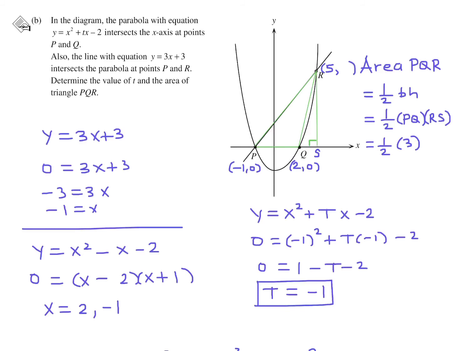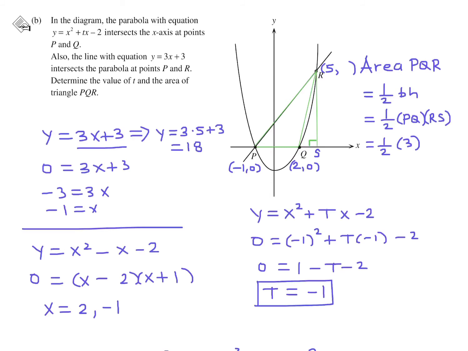To get the y coordinate, we just put 5 back into either one of these. I'll just use this one since it's a little bit simpler. Y would be, when x is 5, 3 times 5 plus 3, which is 18.